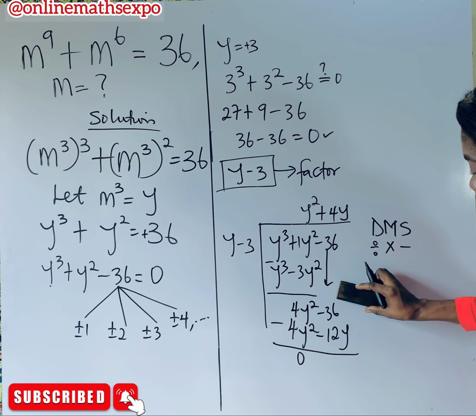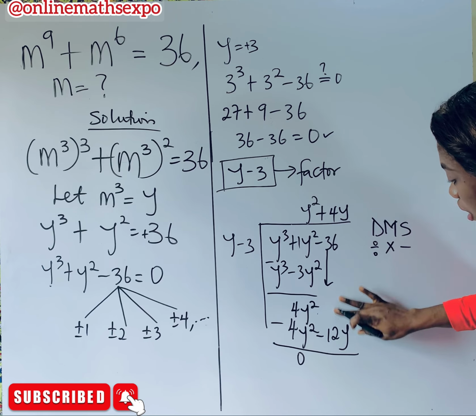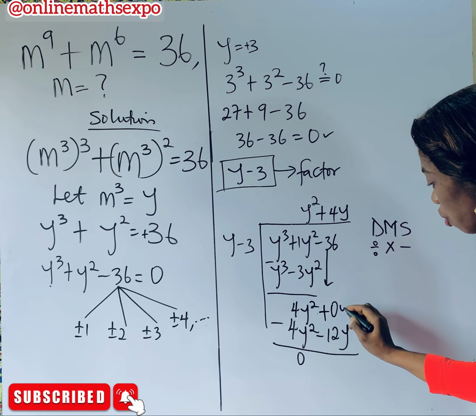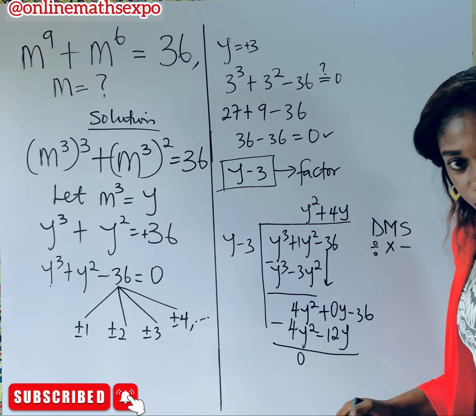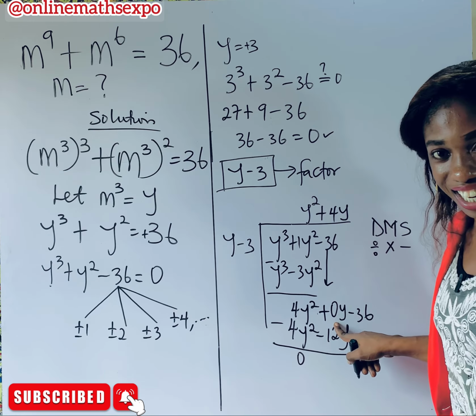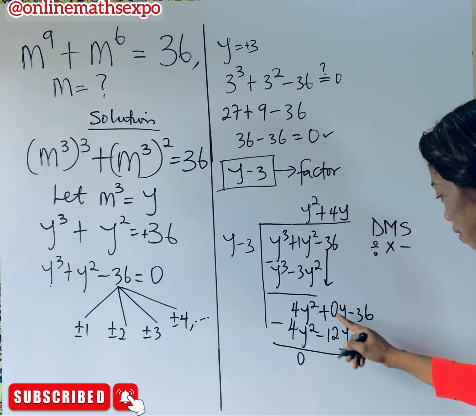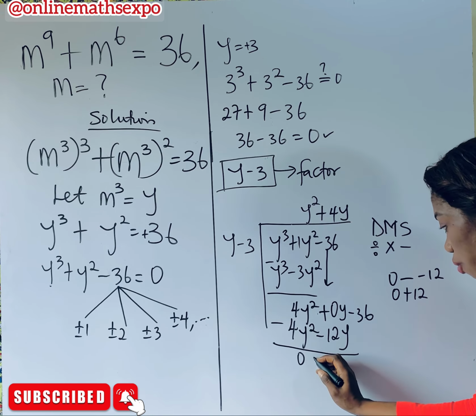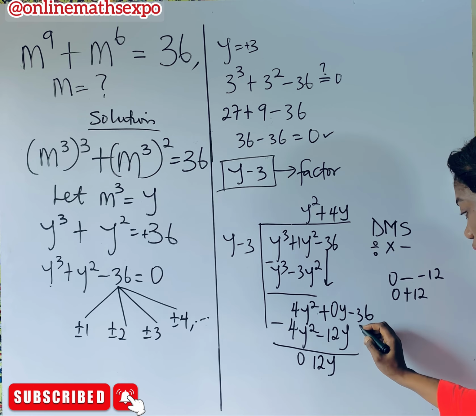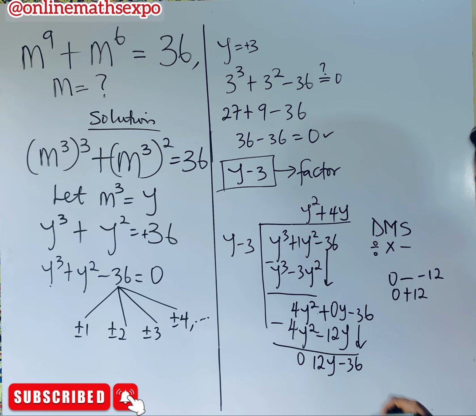So what I would advise you do is to adjust this, and in adjusting it, you can just put 0y before you write this so that you have a common term to subtract. Putting this does not change anything, okay? So we now have 0 minus negative 12, which will give us positive 12y. So we're having 12y, you bring down negative 36.